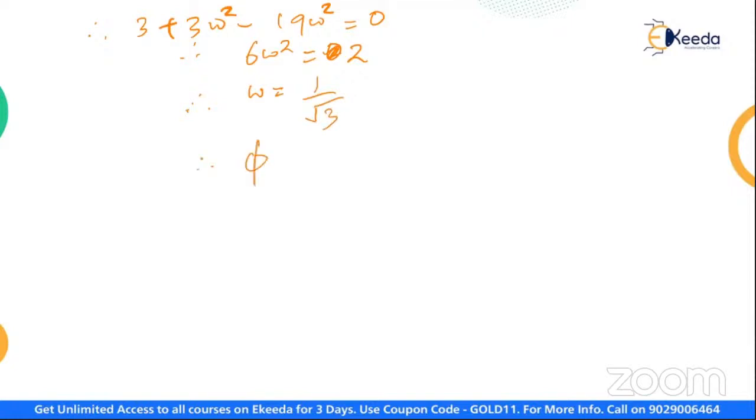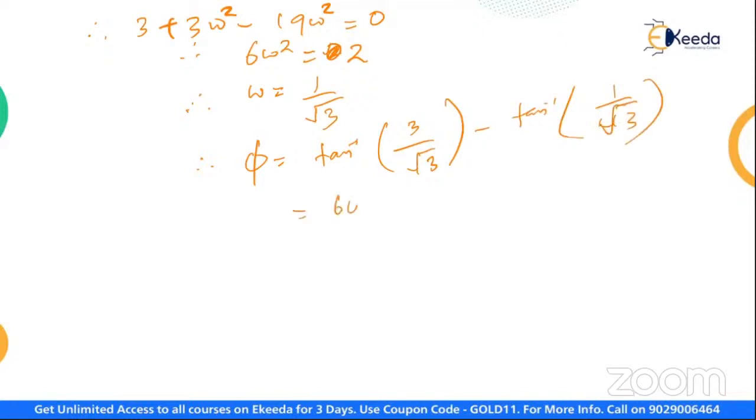Therefore, what is phi? Come on, tan inverse. In place of omega, just replace 1 by under root of 3. So you get tan inverse of 3 by under root of 3 minus tan inverse of 1 by under root of 3. That's it, which is equal to 60 degrees minus 30 degrees equal to 30 degrees.